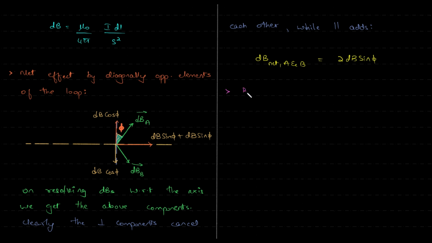So next, the net effect at point P because of all the elements will be the sum of all such pairs. We're talking about pairs, by the way. Wait just a second.